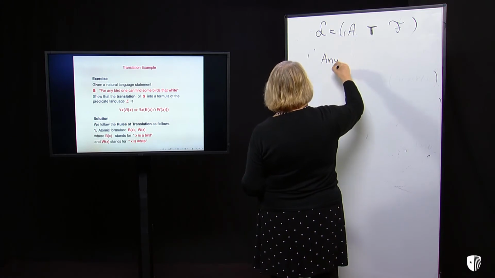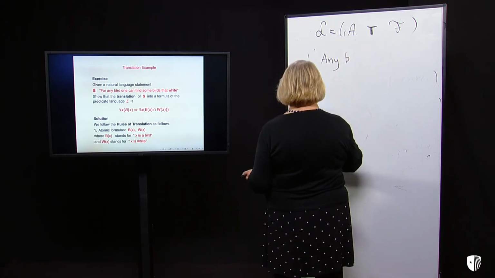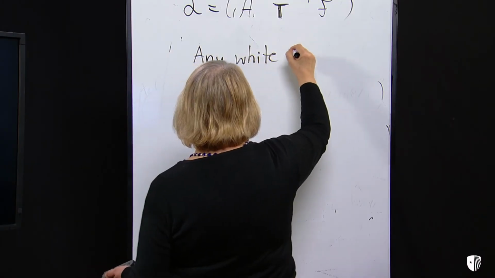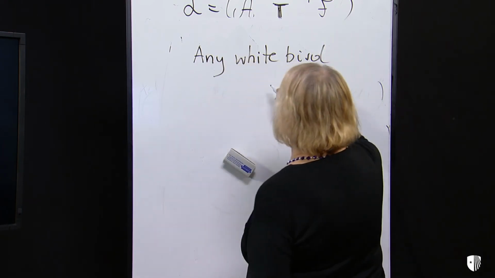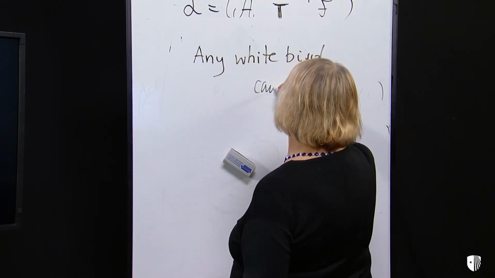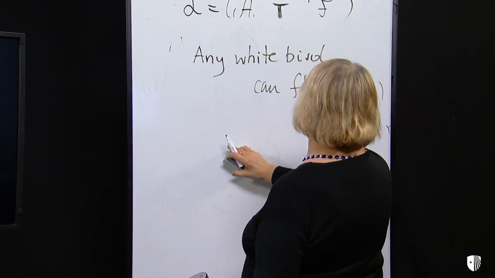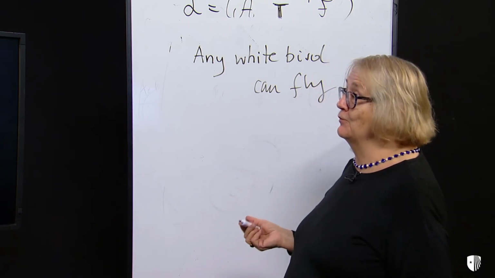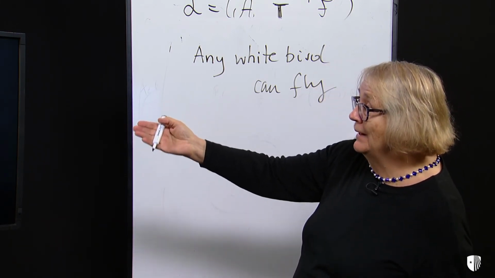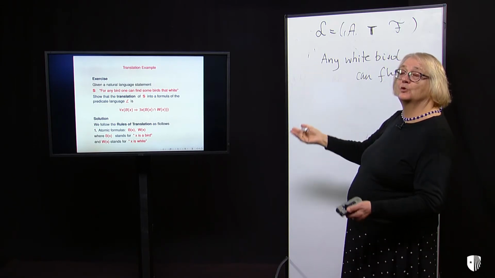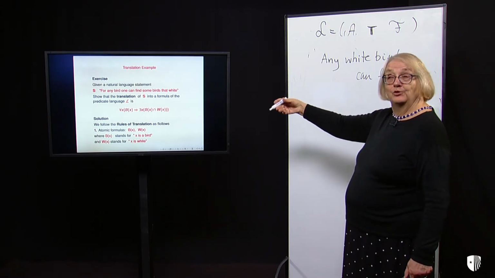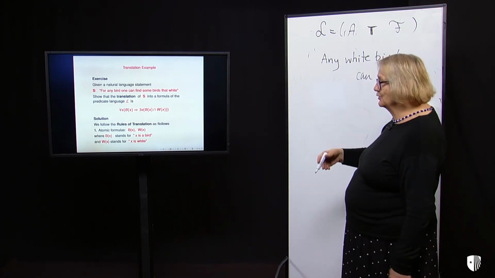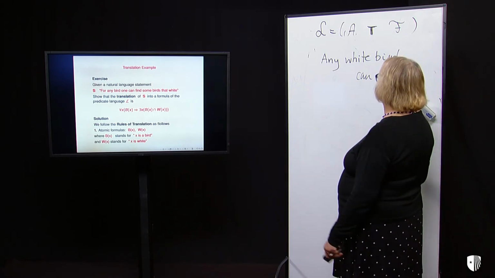Any white bird can fly. And then I want to have, for any bird, one can find some birds that are white and so on, and you want to write a program which would tell you what is happening with those flying birds.